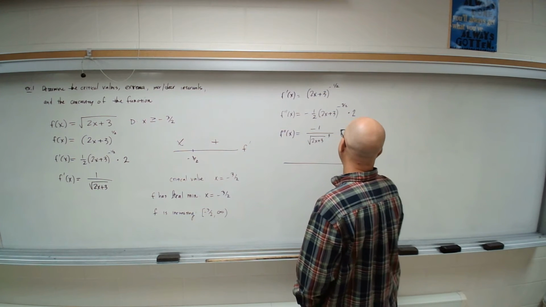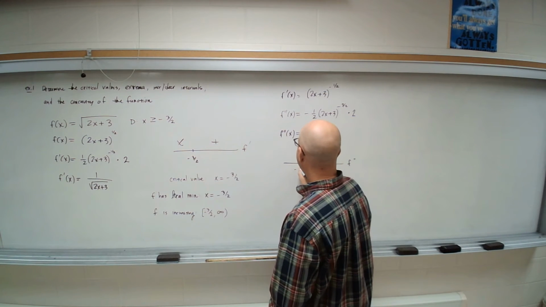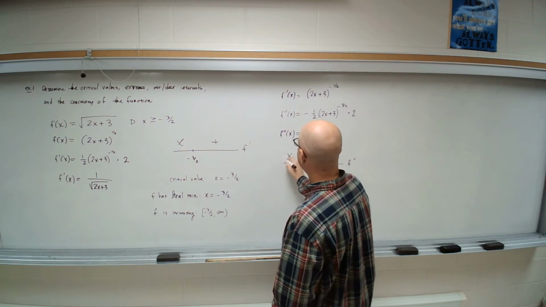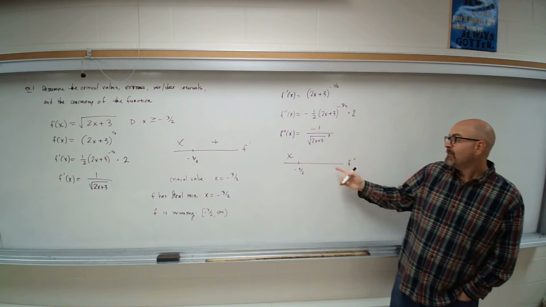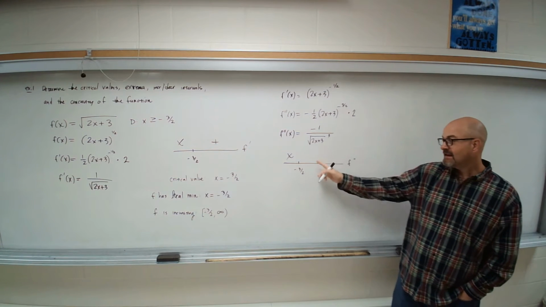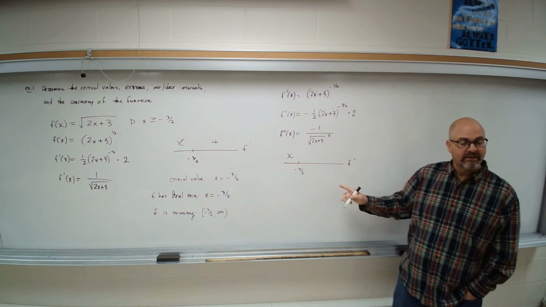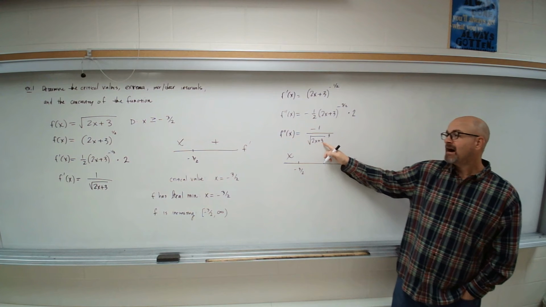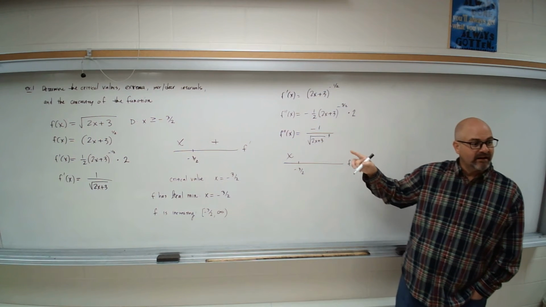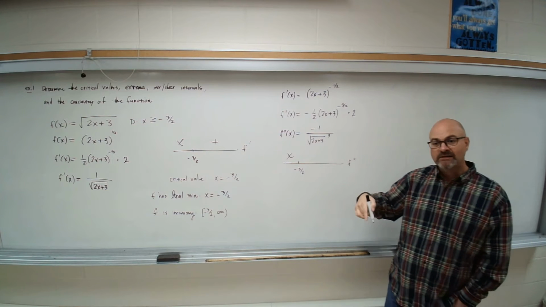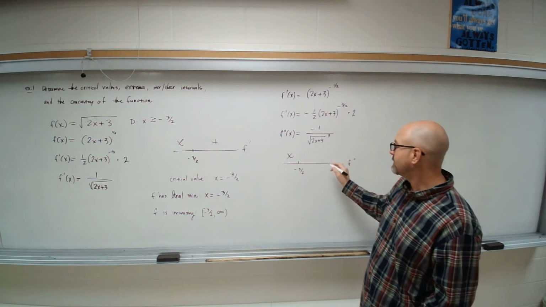So then for f double prime, we have negative 3/2. To the left is nothing. But if we pick a number like 0 again, anything in this interval, or 1,000, whatever, anything over here, we'll see that we get a positive number on bottom after we square root it, right? And negative 1, a negative divided by a positive will be a negative.